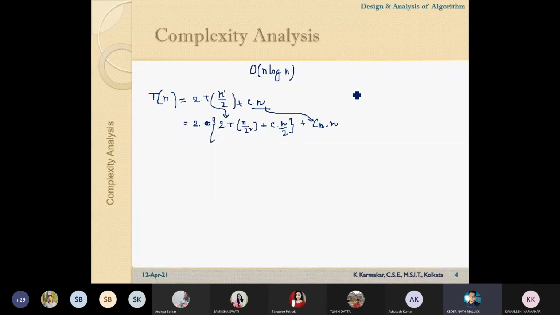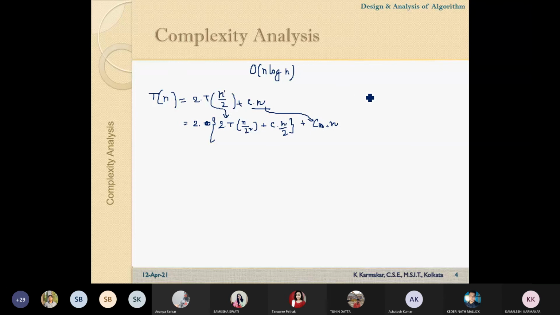So log n times. So that's why it will be c into n into log n. That will be the prime factor on which this complexity is dependent. Okay, so this is the substitution method.